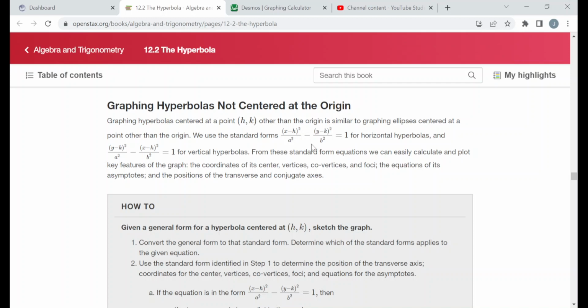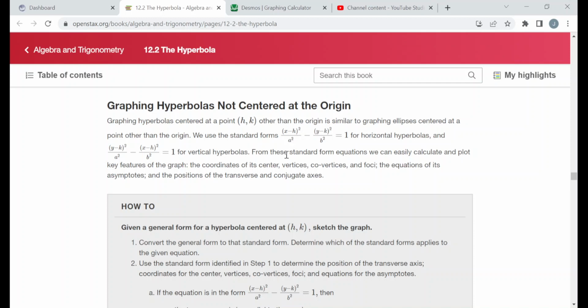I don't want to spend as much time on this. The only difference between graphing hyperbolas not centered at the origin versus centered at the origin is just where the center is. Everything else is the same. Maybe the equations of the asymptotes will be a little harder to find, but you should know how to find equations of lines by now anyway.